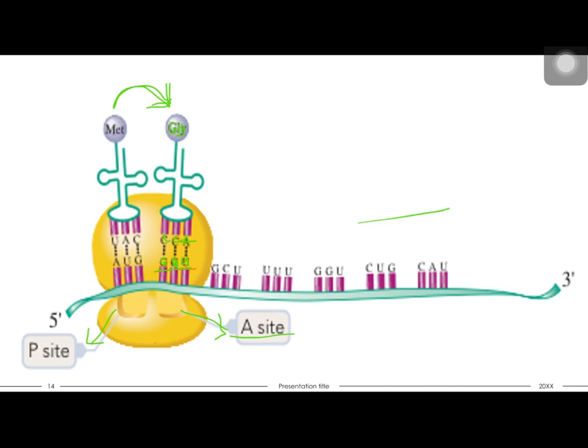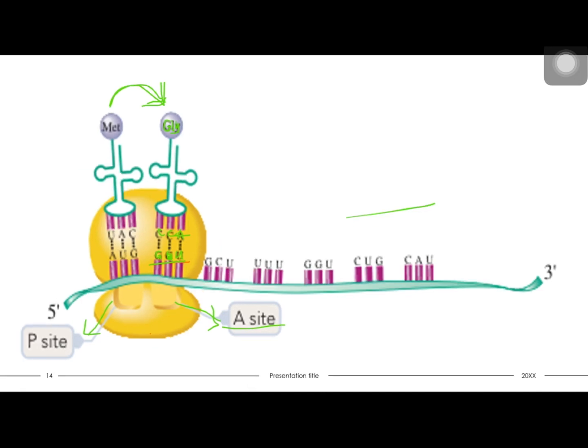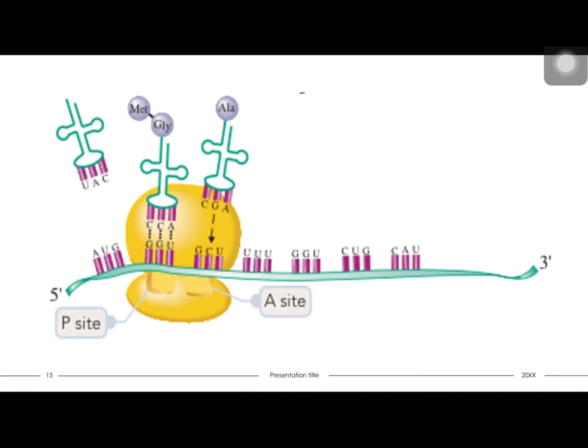Once the process is done, our ribosome will shift to the next codon, making our second codon move from the A site into the P site, leaving the A site empty or ready for another tRNA attachment.